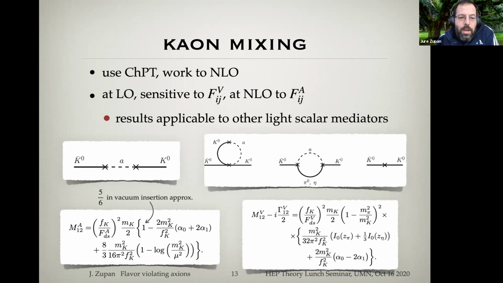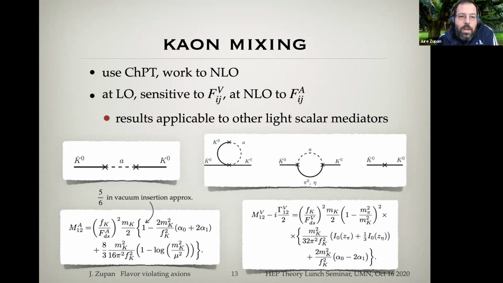Since this would be an axial coupling, if we look at the mixing matrix M12, you see that there's an F_A appearing here, because this guy is a pseudoscalar. If you didn't use ChPT, what was done 20 years ago was just a vacuum insertion approximation. So what we did is not a big numerical change, really. And then there are these corrections here.